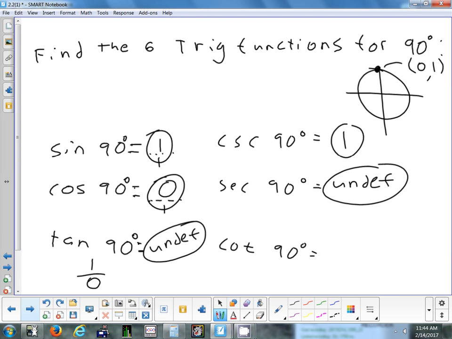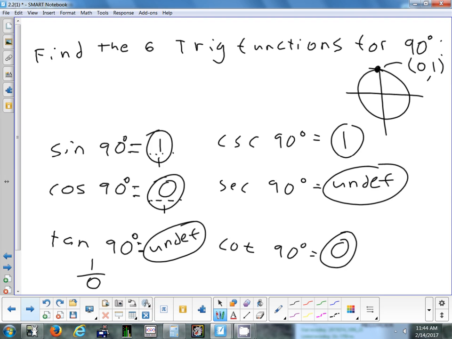So when you flip 0, you get undefined. How about when you flip undefined? What would you get? Yeah, you would get 0. Because you're taking 1 divided by 0 and you're making it 0 divided by 1, which you can do. 0 divided by 1 is 0.